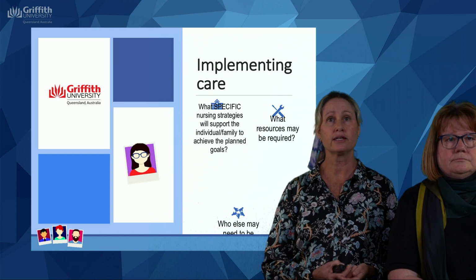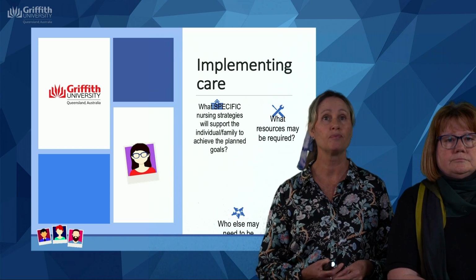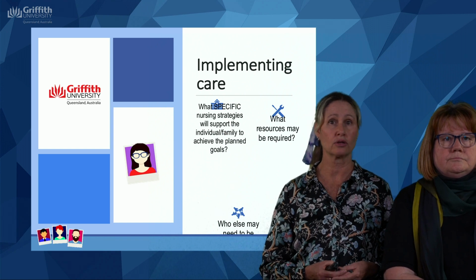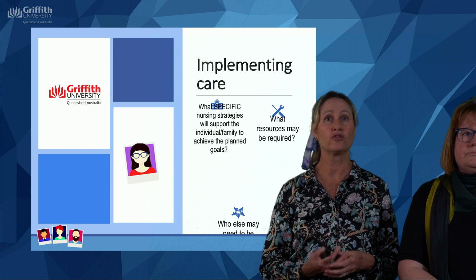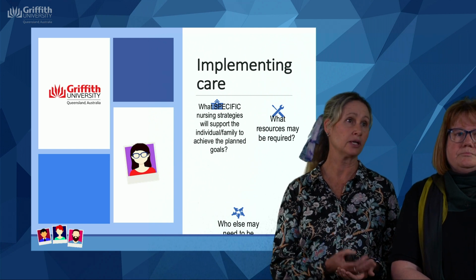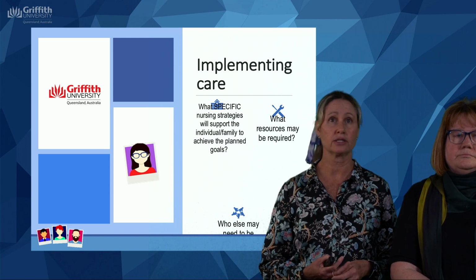And then the next section we looked at was how we then implement that care. Now, as you know, this is just part of the nursing process, and we just want to reinforce that aspect of developing goals, assessment, implementation, and then evaluation.